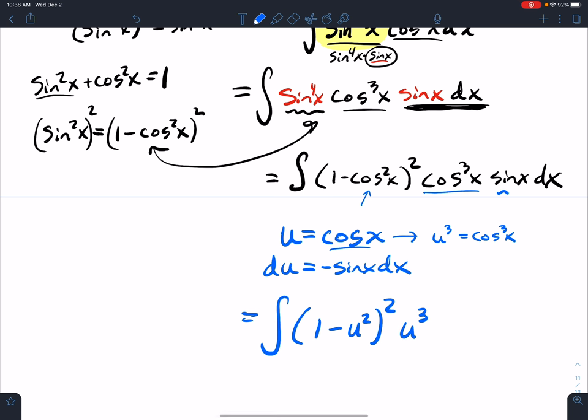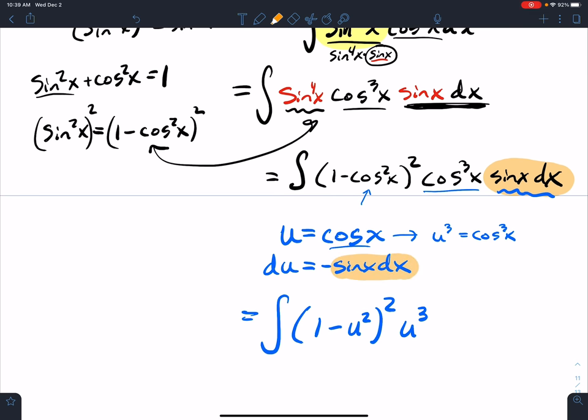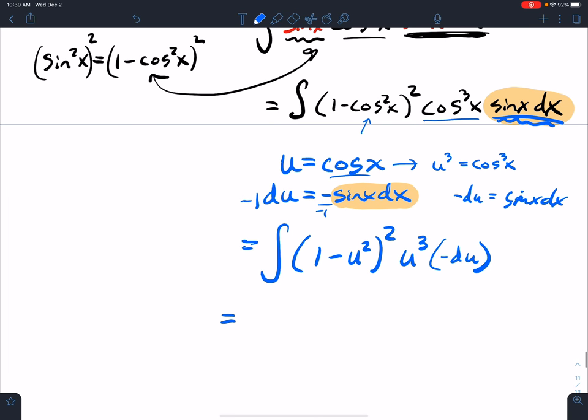All right. And then I'm left with sine x dx. Well, what's the problem? I have sine x dx, which is positive here, but I have a negative here. So how do I take care of that? I divide both sides by negative 1. So negative du equals sine x dx. So I'm going to replace this with a negative du here. And so I'm going to simplify.